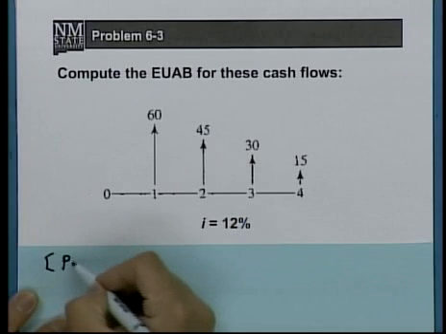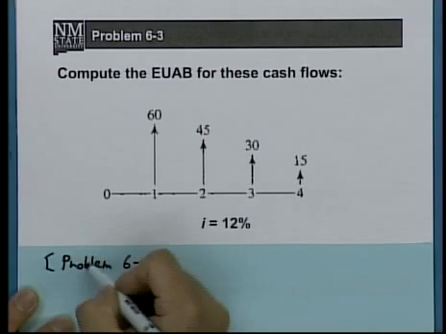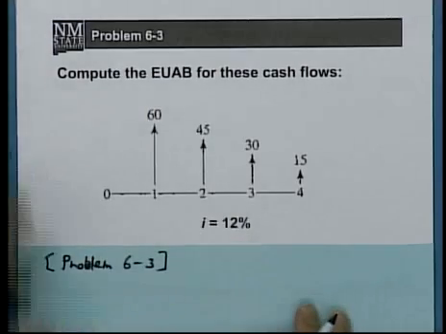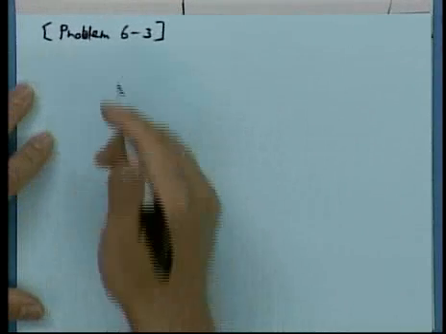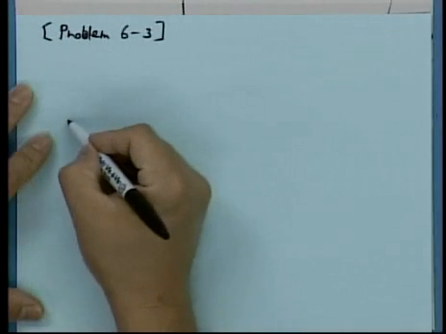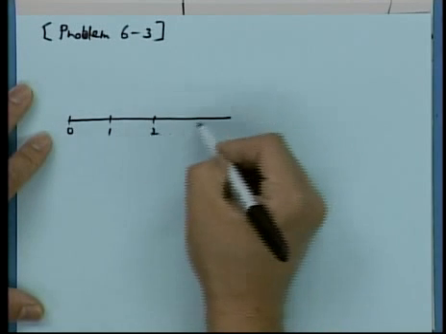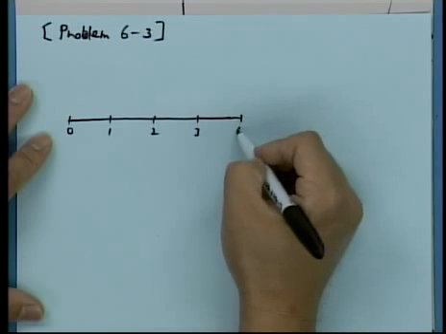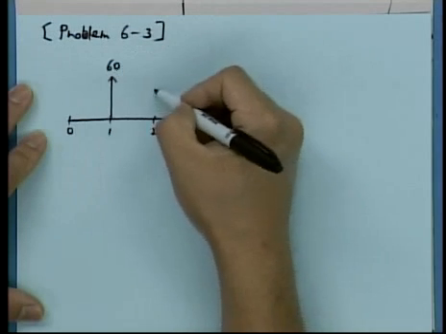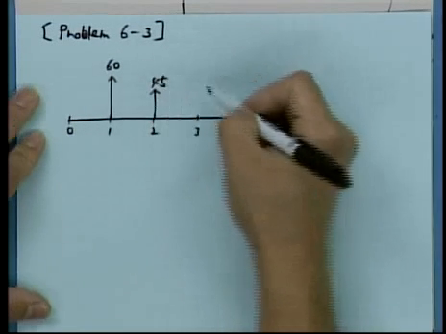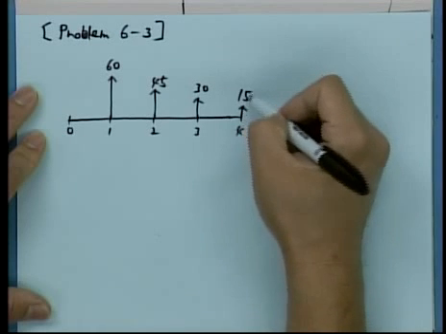So this is the problem 6-3. Let me redraw the cash flow diagram. Zero, 1, 2, 3, and 4. 60, 45, 30, and 15.